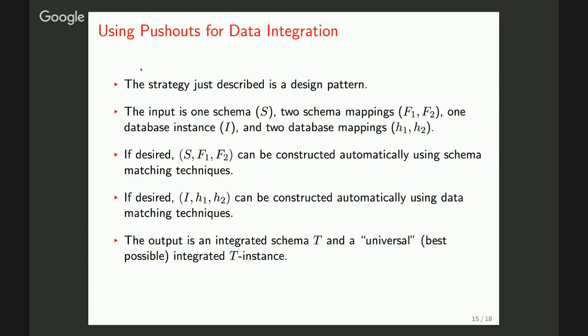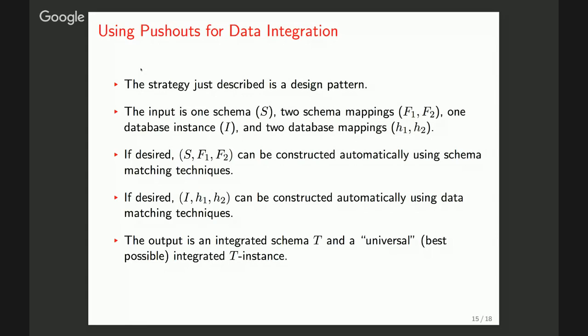If desired, the input schema and the mappings can be constructed automatically using schema matching techniques. These are well studied in the literature. Similarly, the overlap database instance and the morphisms of databases can be constructed automatically using data matching techniques, which are also well studied in the literature.